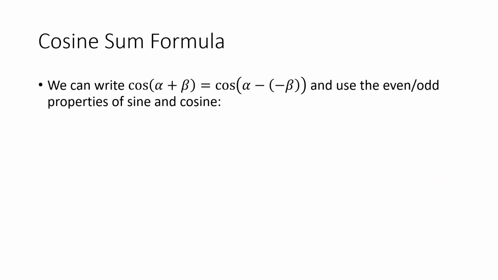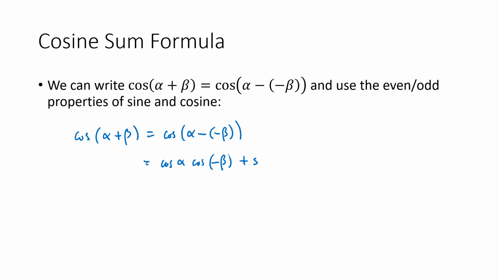If we want the cosine of the sum of two angles, all we have to do is think of cosine of alpha plus beta as cosine of alpha minus negative beta. When we use our formula for that, the cosine of the difference of two angles is the cosine of the first angle times the cosine of the second angle plus the sine of the first angle times the sine of the second angle.